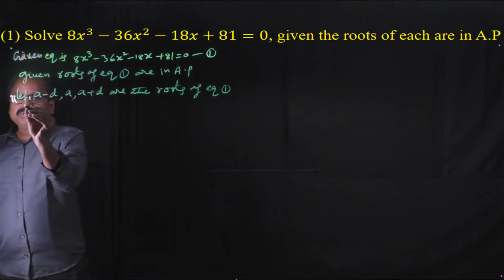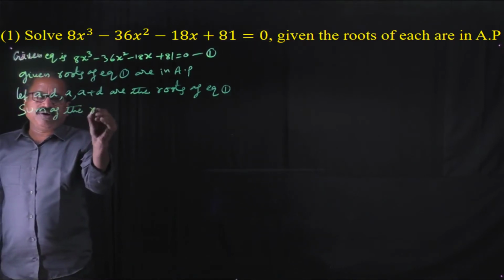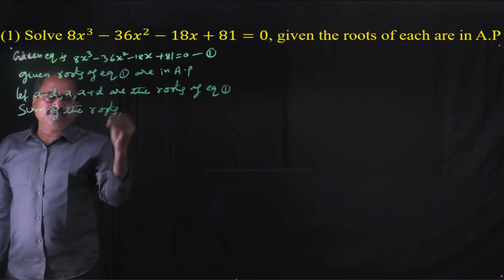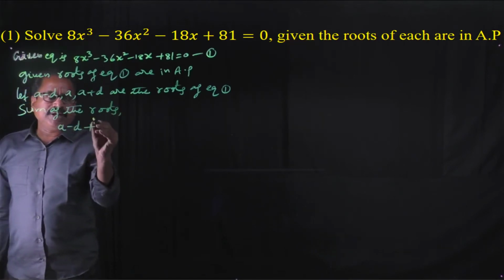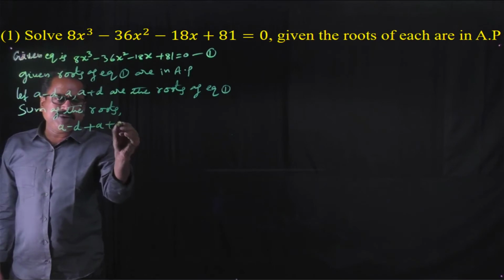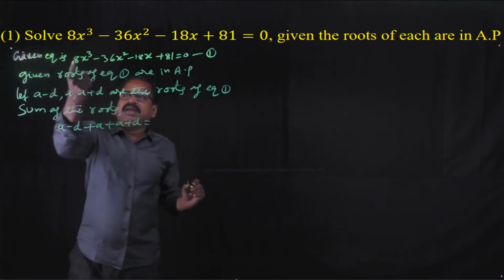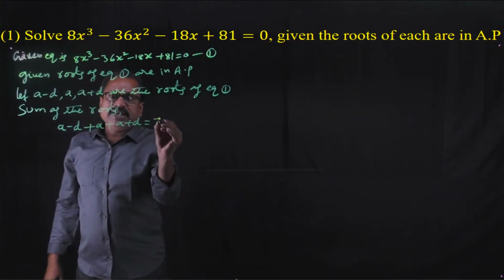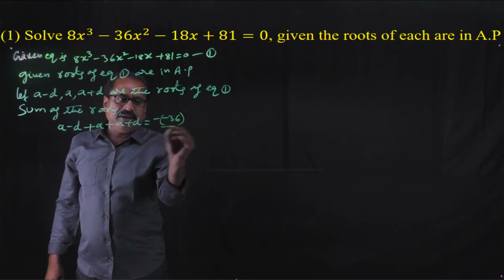Sum of the roots: a minus d plus a plus a plus d is equal to minus a1 by a0, that is minus of minus 36 by 8.